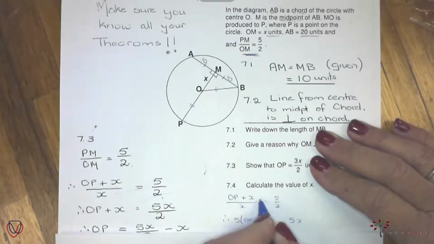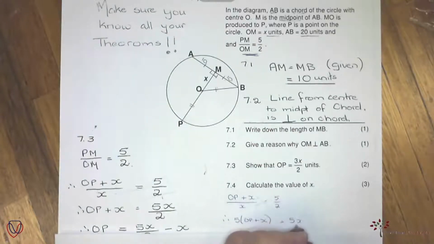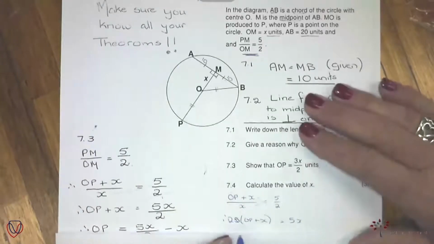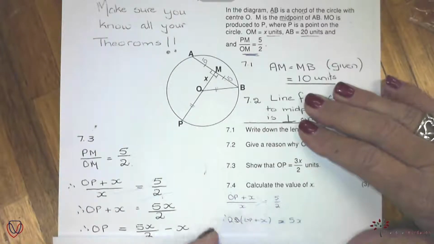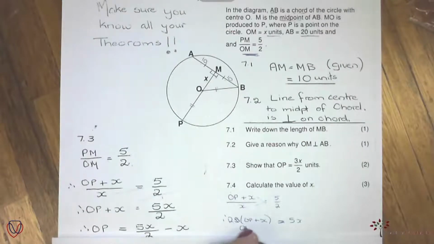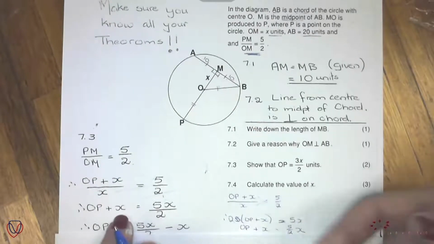That is plain common cross multiplication. But we want OP, so we divide by 2. Then we'll have OP plus x is 5 over 2 x. And then we are exactly where we are there. But it takes more time.